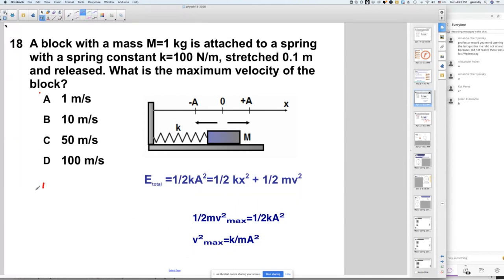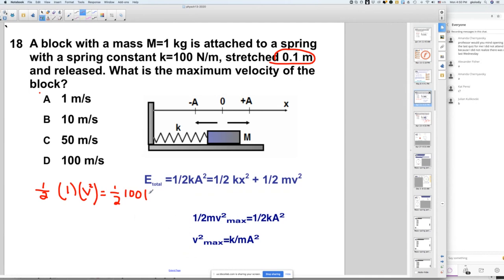So 1/2 m, which is 1, v squared is what we're looking for, equals 1/2 k a squared. k is 100, and the amplitude is 0.1.